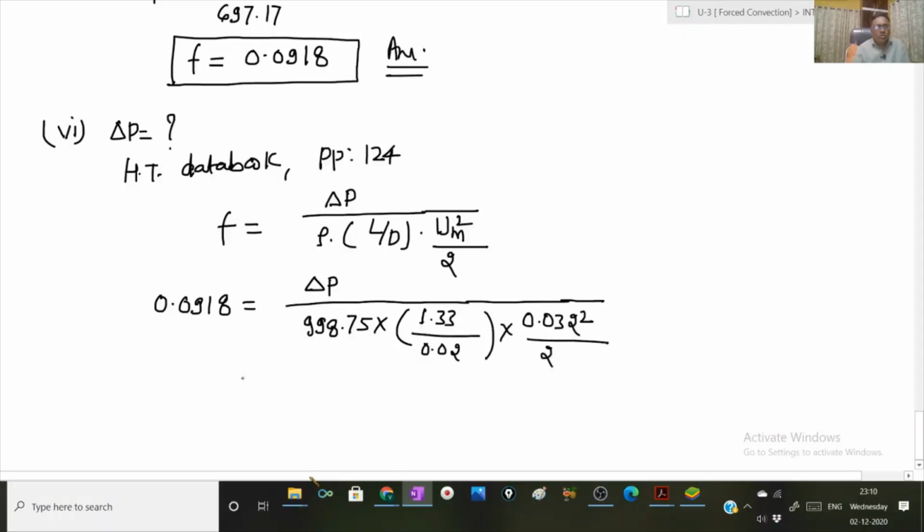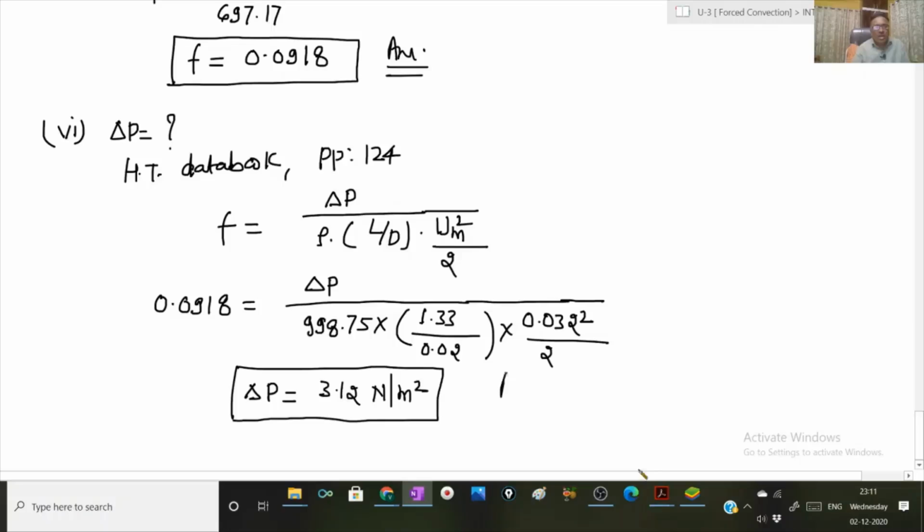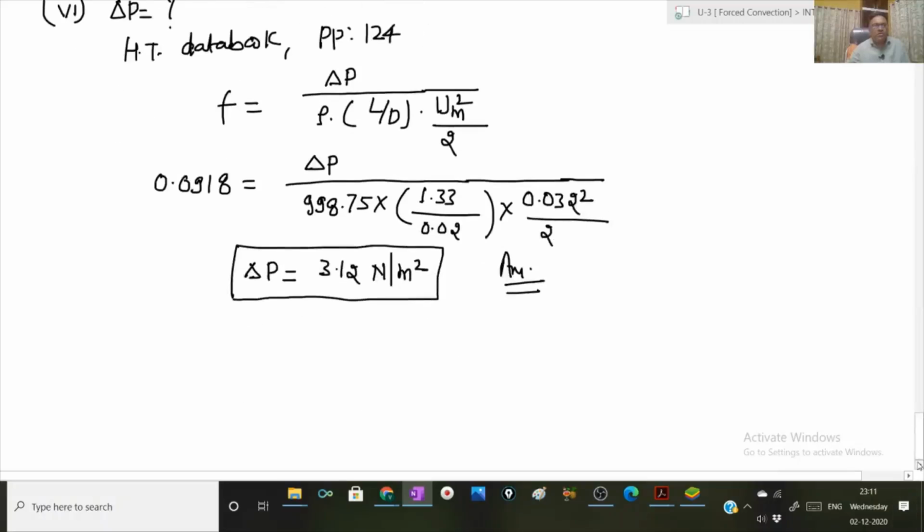After calculating this, the value of pressure drop comes out to be 3.12 Newton per meter square, and this will be answer number 6. So many of the formulae are given in the data book. The only thing is you must know how to use the data book.